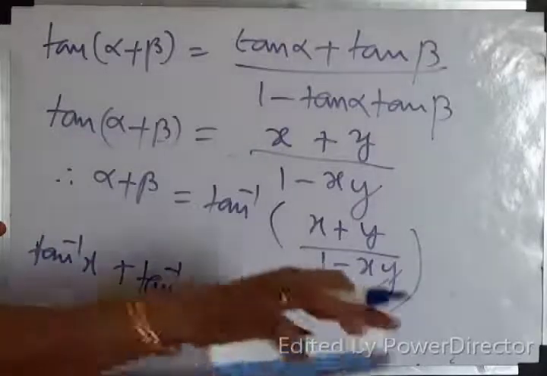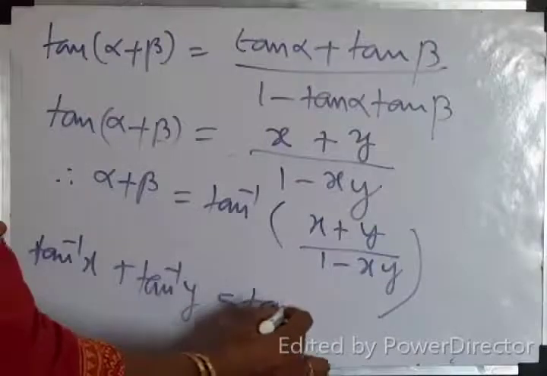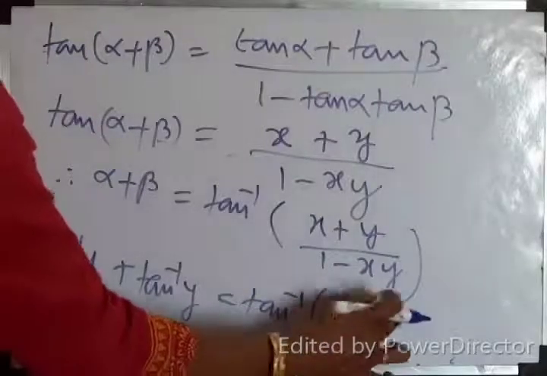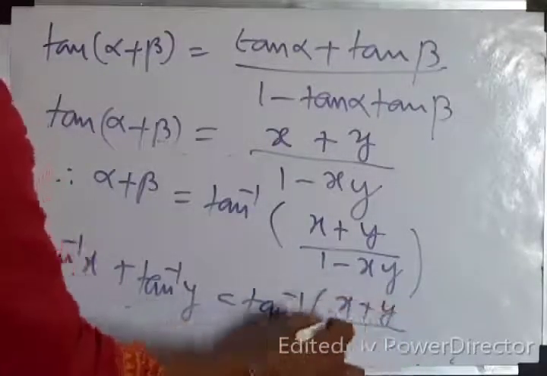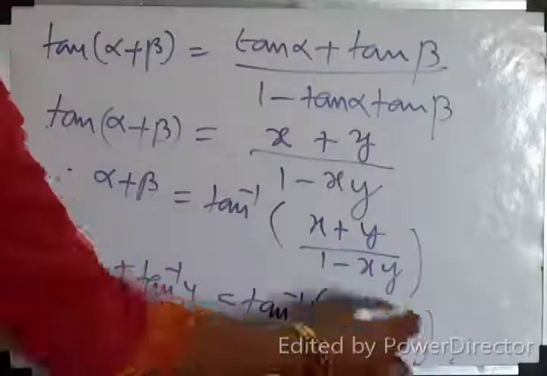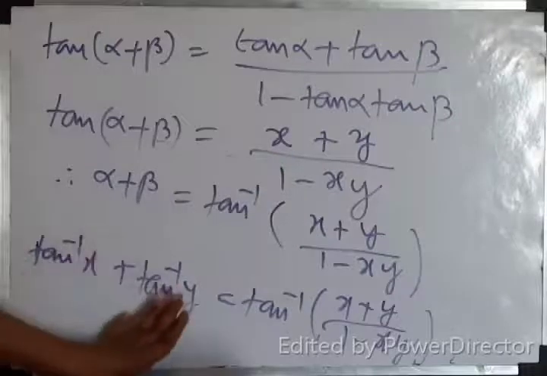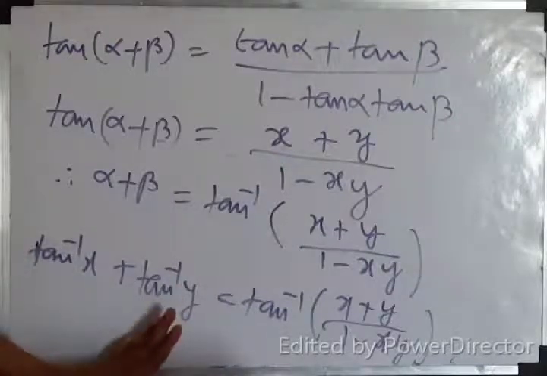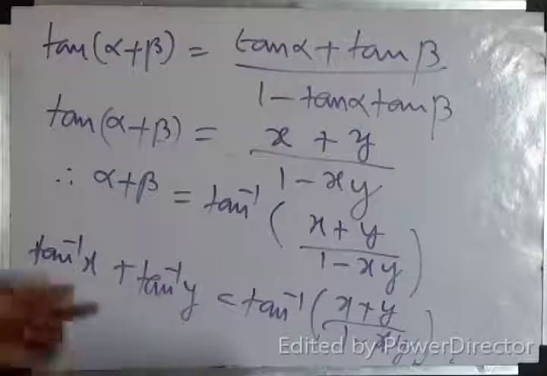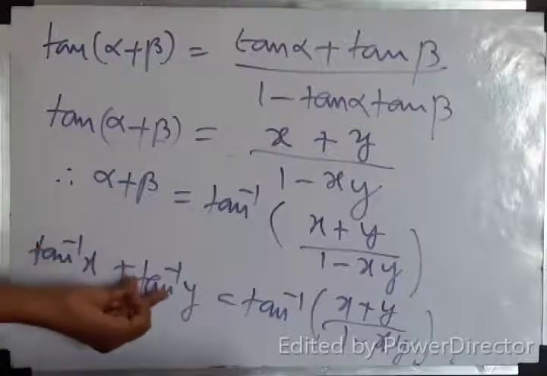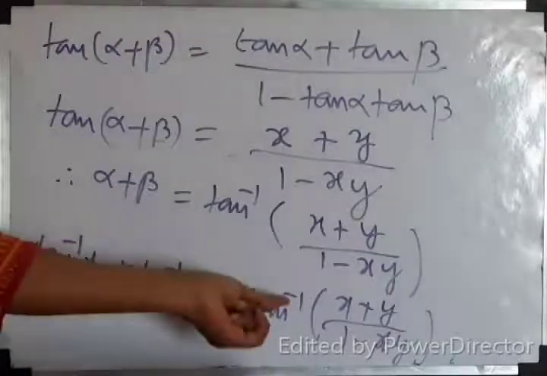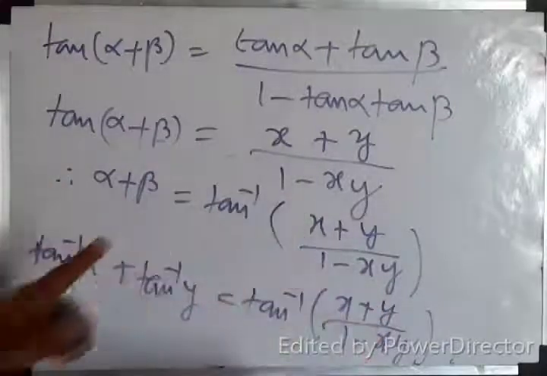It is equal to tan inverse of x plus y by 1 minus xy. Very easy. Tan inverse x plus tan inverse y almost represents the tan a plus b formula. So whenever tan inverse x, tan inverse y comes, you have to write tan inverse of x plus y by 1 minus xy.